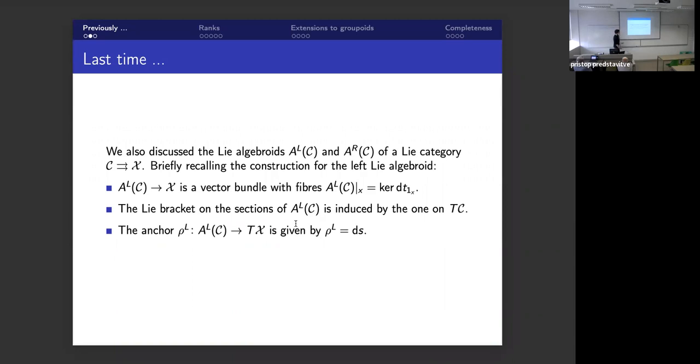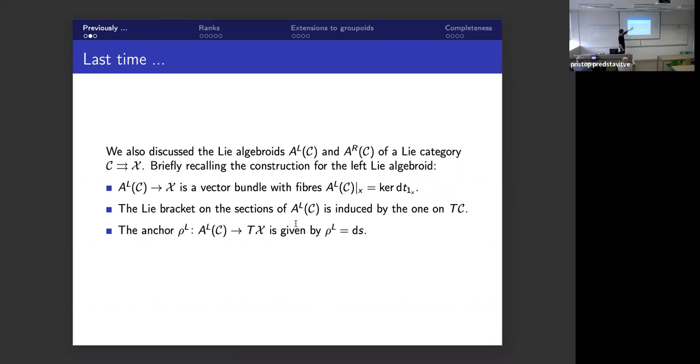Because now we have many objects and not just one, as in the case of a Lie group, we call these Lie algebroids. And so how are they defined, given a certain Lie category? For example, let's just take a look at the left one, the so-called left Lie algebroid.